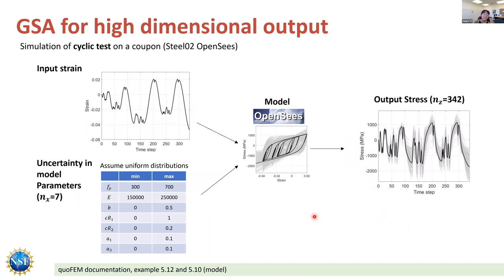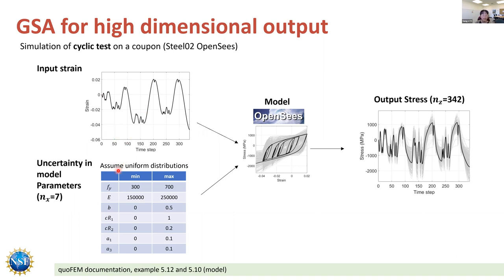Let us consider the computational simulation of a cyclic loading test of a material model. Let us consider an input-controlled simulation. So we have input strain provided as representing the load.